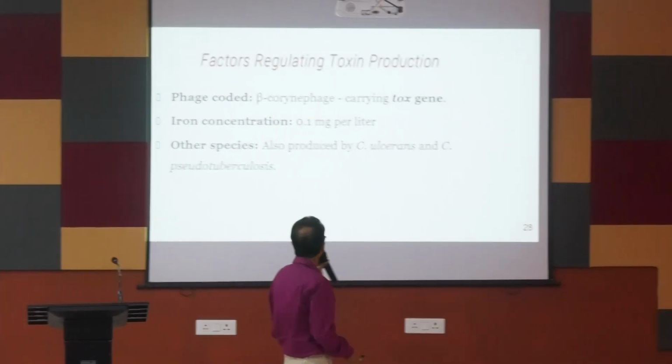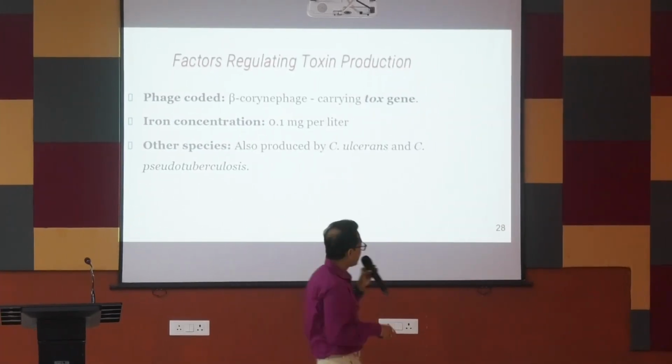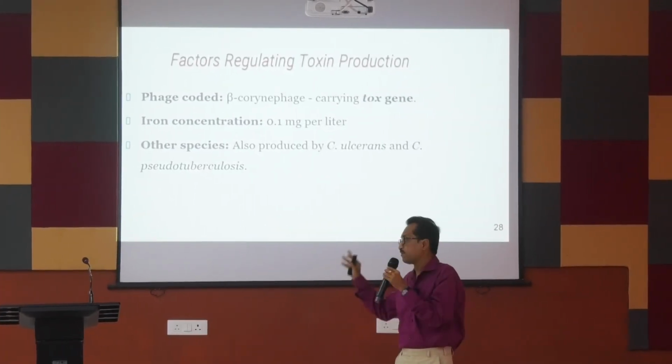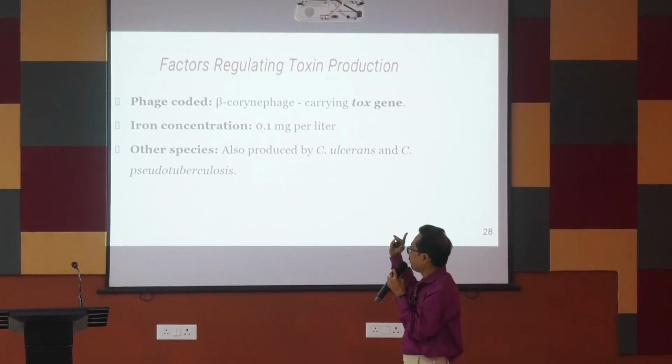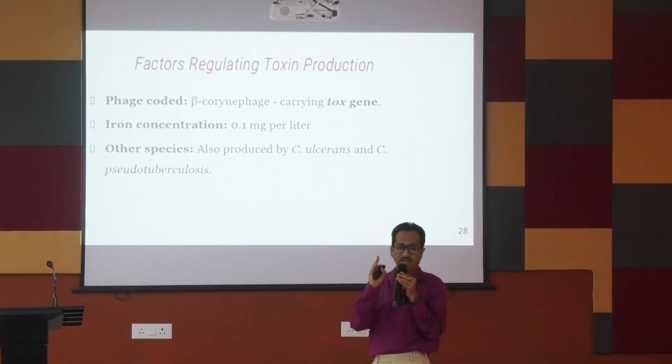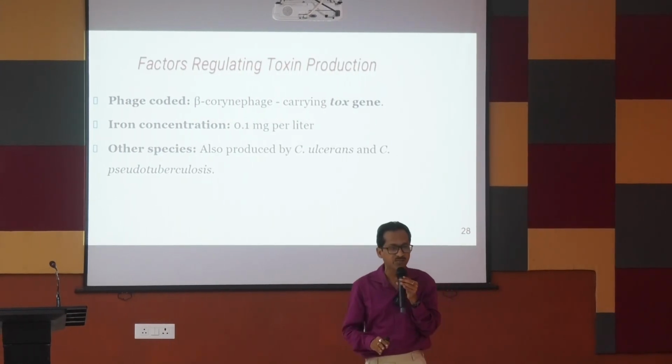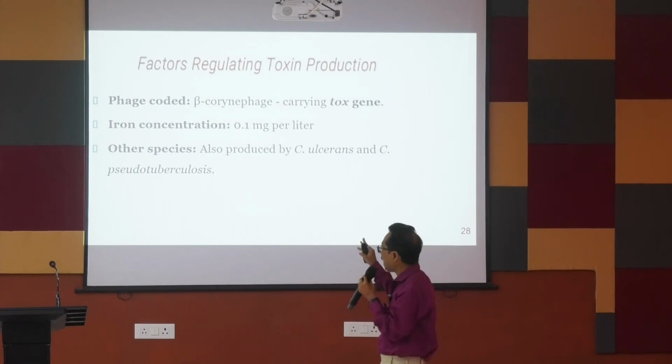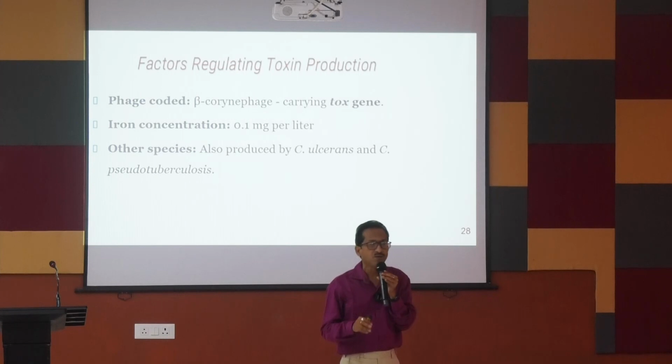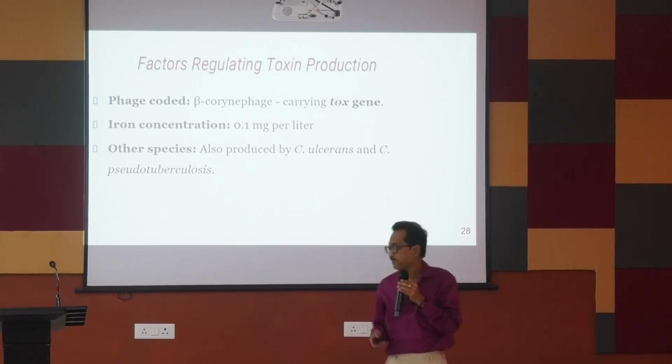So the second part is this. Even if you don't remember the DTxR, just remember it is phage coded. The bacteria must be infected with the bacteriophage to express the toxin. And the second part, iron is needed in a very small amount, 0.1 milligram per liter, for expression of the toxin.